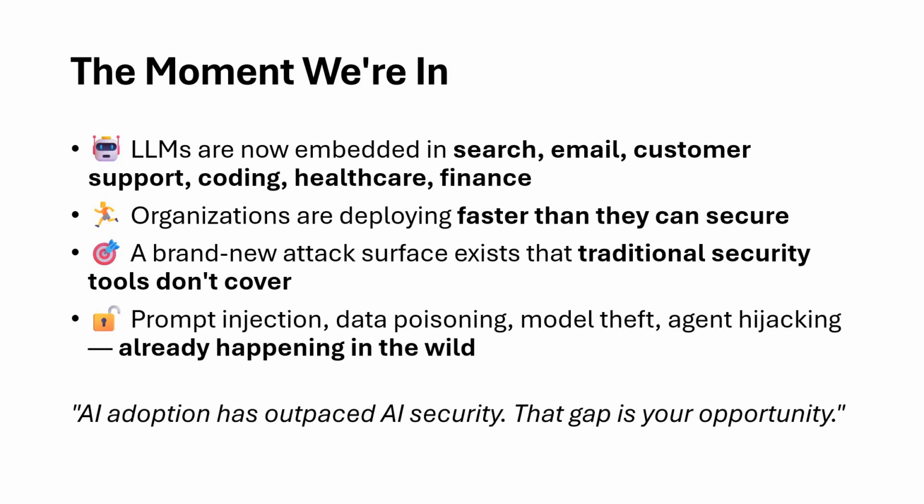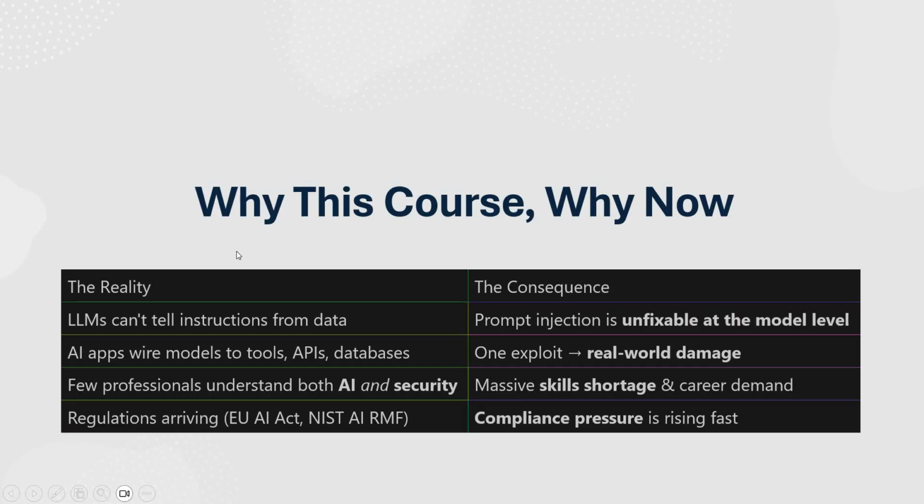Adversarial mindsets are also using them, thinking at the speed of a machine. So we need security mechanisms in place to overcome them. Prompt injection and data poisoning are a few to name. Model theft and agent hijacking are already happening in the wild. AI adoption has outpaced AI security. That gap is your opportunity, right?